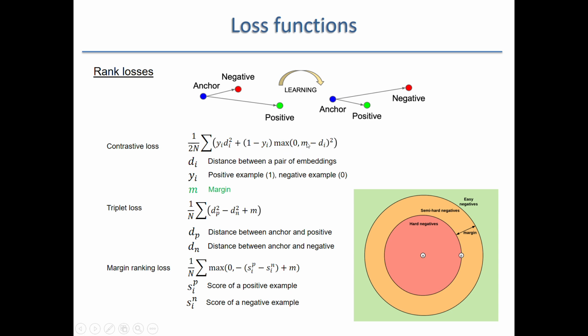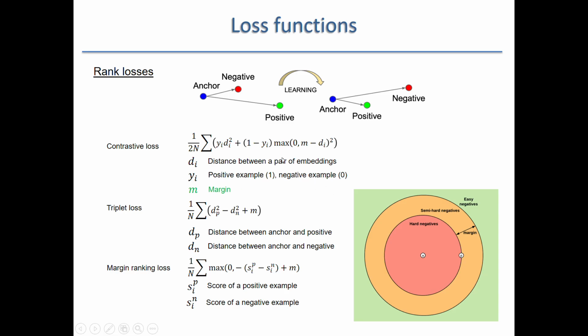Here it is the distance between a pair of embeddings. So here the embeddings, if it is a positive example, yi will take value 1, and if it is a negative example, it will take value 0.